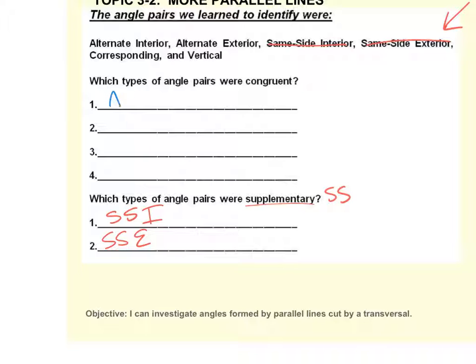So all the rest of them that are left, alternate interior, alternate exterior, corresponding, and vertical, are all the congruent options. The only ones that are not congruent are supplementary, which starts with an S, same side starts with an S. So all of those are related.